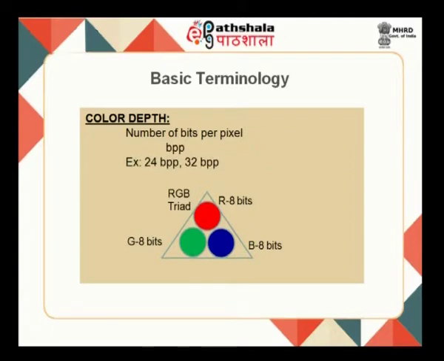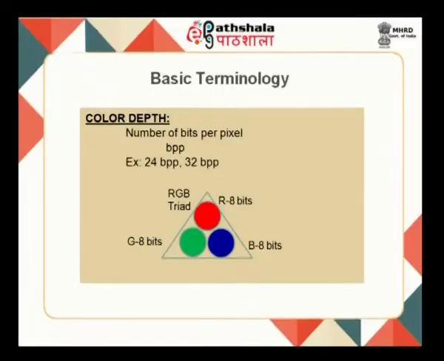The next definition is about color depth. Color depth is the number of colors that a display device can reproduce. Some of the olden day display devices could produce only, say, 256 colors. Later, with improvement in technology, they were able to produce around 10,000 colors, then 16 million colors, and even beyond that.